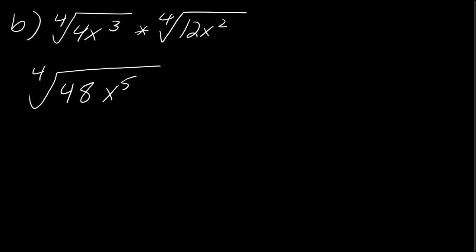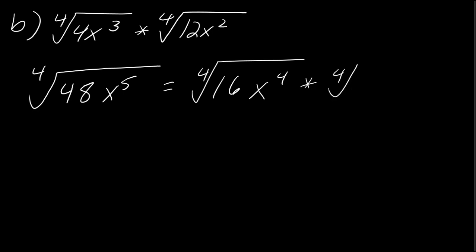And now I have to think through, okay, what is the largest fourth power that would evenly go into 48? And that would be 16. So I can rewrite this then as the fourth root of 16 x to the 4th. And so then 16 times 3 is 48.